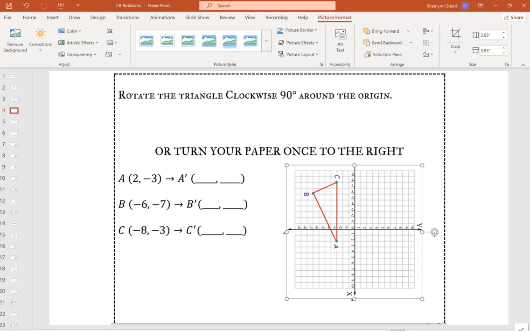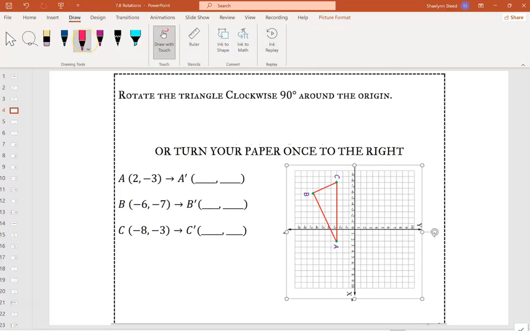So now we have to write what these points are, and I'm going to just write them in the space because these are going to be the correct points. And now instead of going right 2, down 3, I'm going left 3, so that'd be -3, and down 2. Okay. So it looked like they flipped places, but they didn't both flip signs.